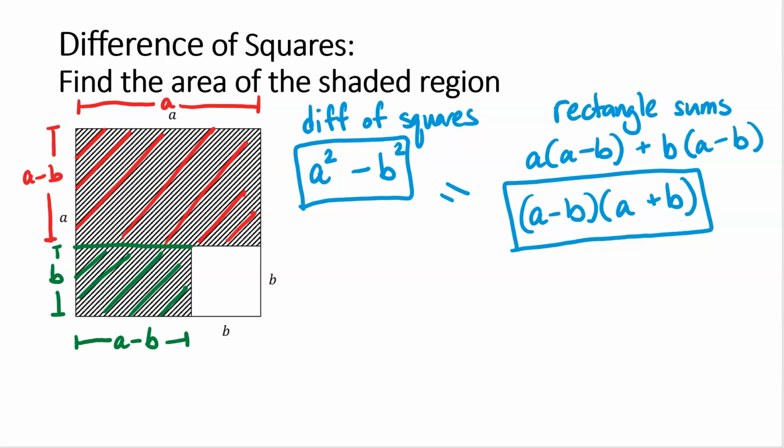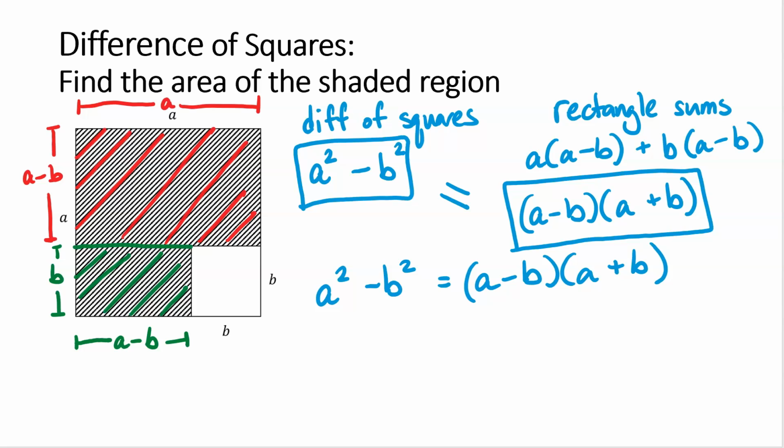Therefore, both of those must be equal to each other. So let me write this down again. If you have a squared minus b squared, a difference of squares, you can write that as a minus b times a plus b.